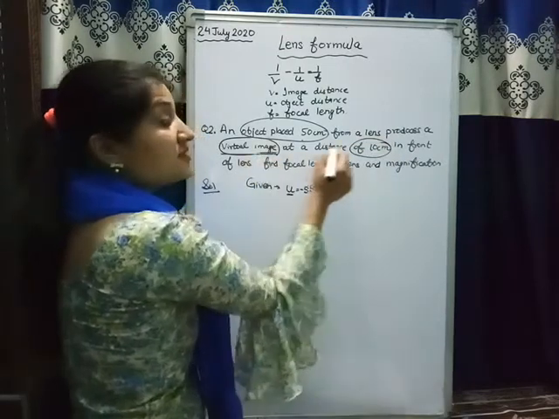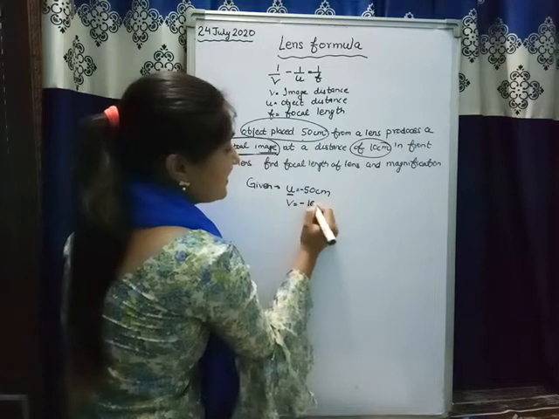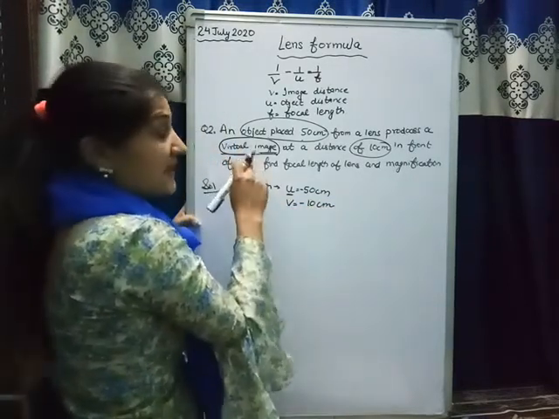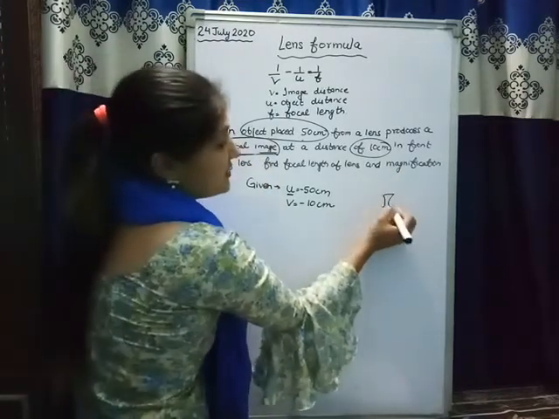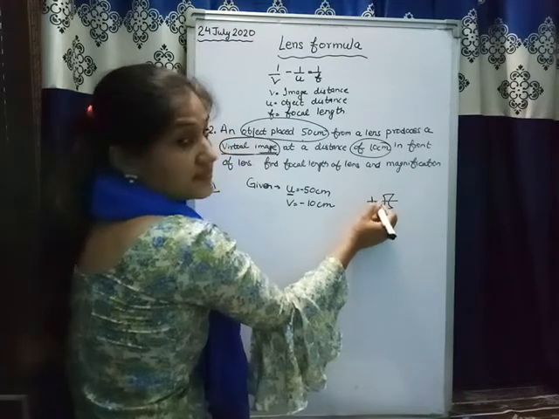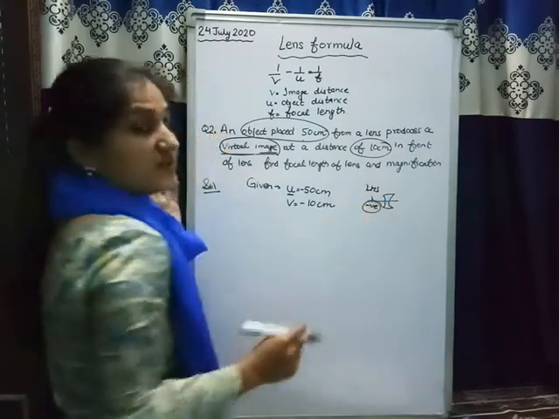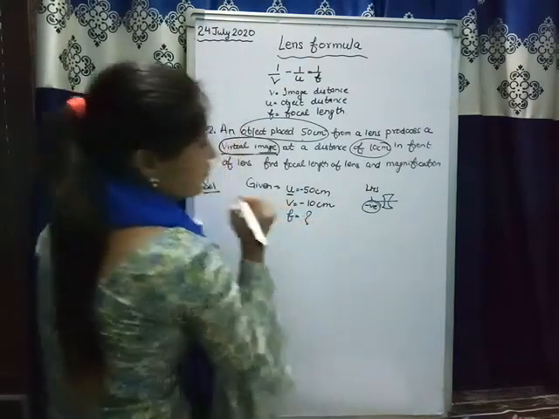That means this is the image distance. V is minus 10 centimeter because it is a concave lens. In a concave lens, the image is formed on this side, which is the left hand side, and anything on the left hand side is always negative. And we have to find out the focal length.